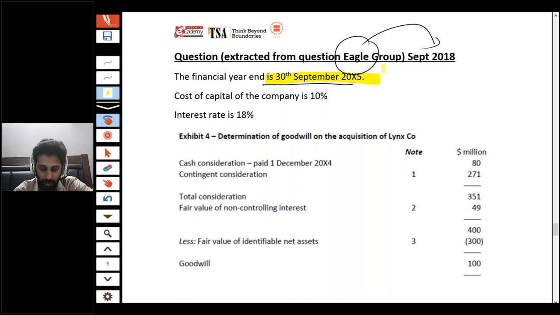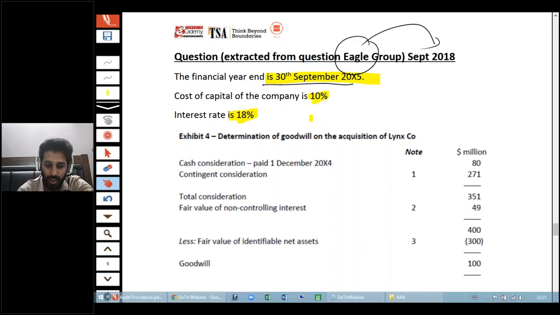What's written here: the cost of capital of the company is 10%, interest rate is 18%. Now, exhibit number 4. It was question number one, and I had extracted this specific part related to the procedures.